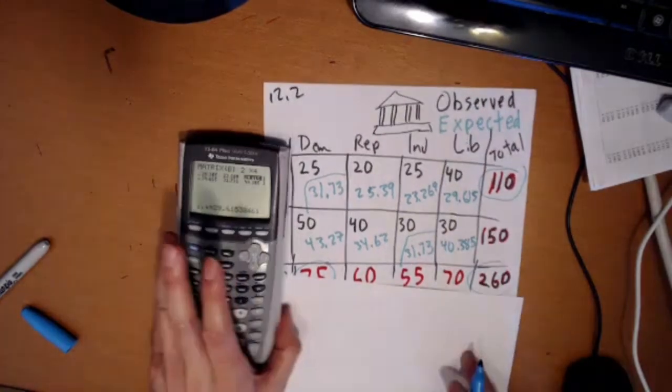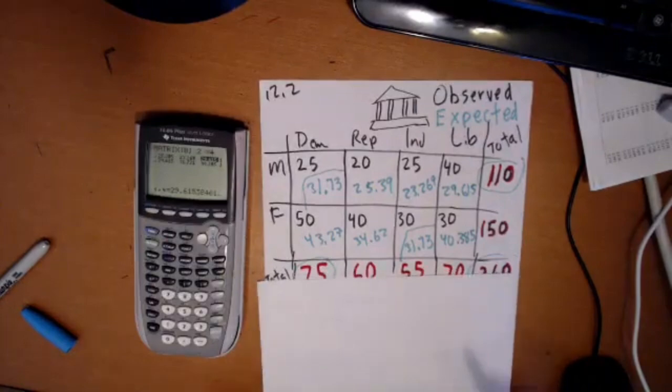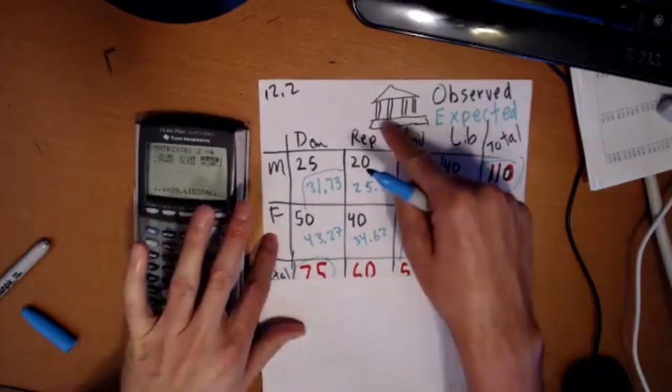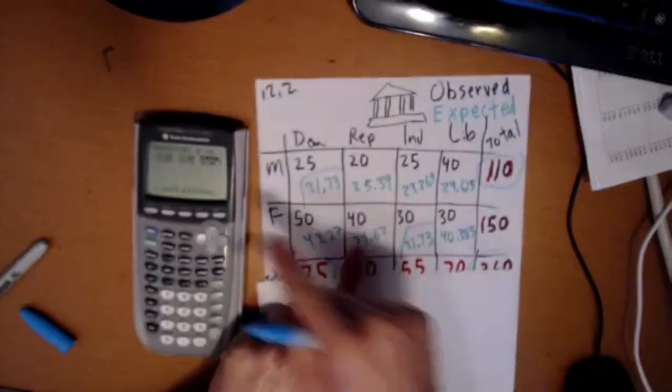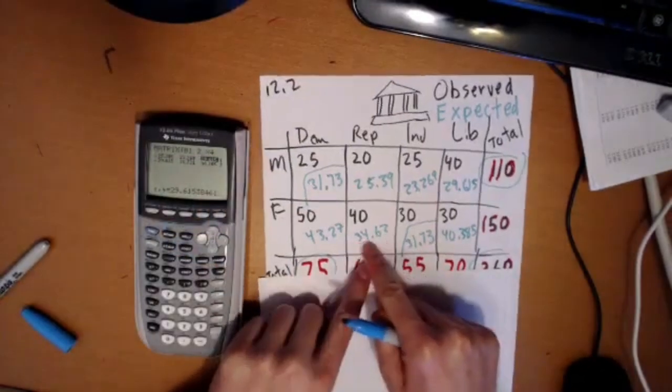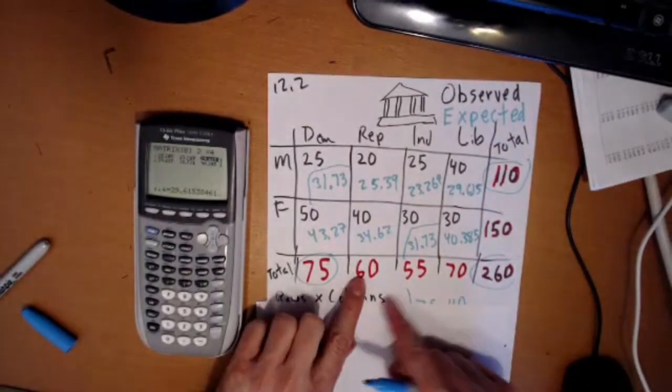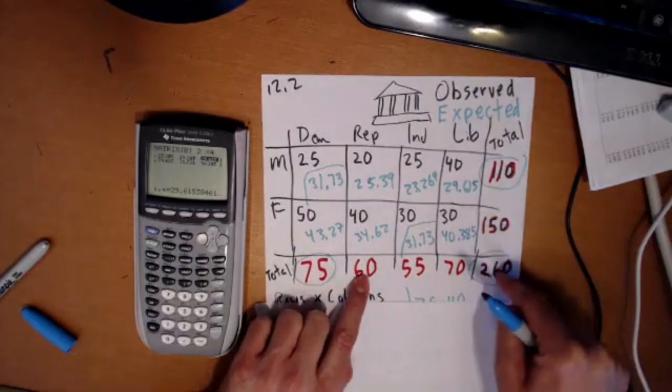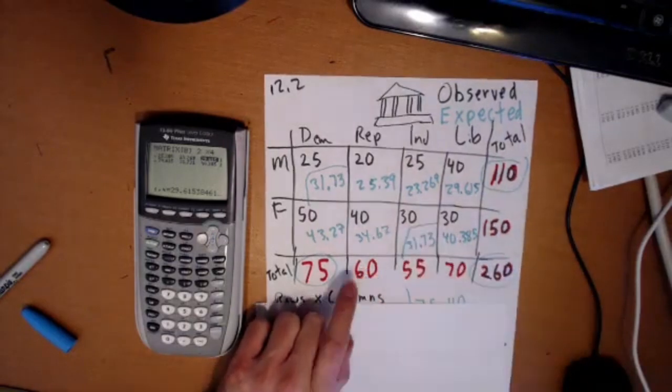Every once in a while in the book or on a test, they'll say, oh, how many female Republicans would you be expecting? So you could just use the matrix to figure it out really quickly, 34.62. Or you could have just said 60 times 150 divided by 260. That would have given us 34.62 also.